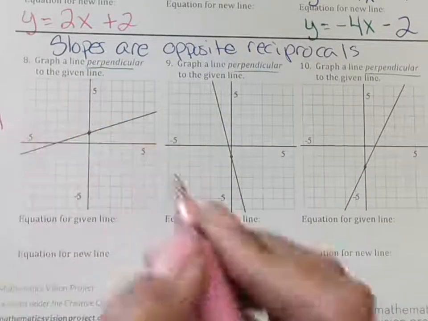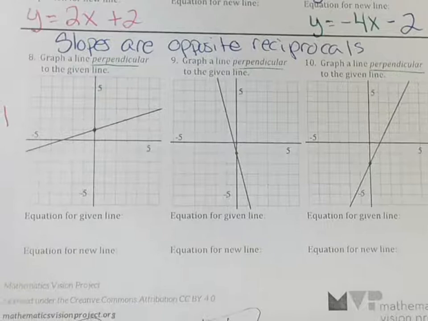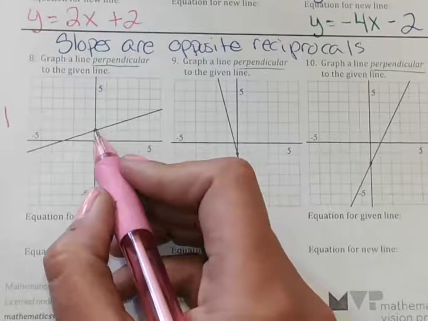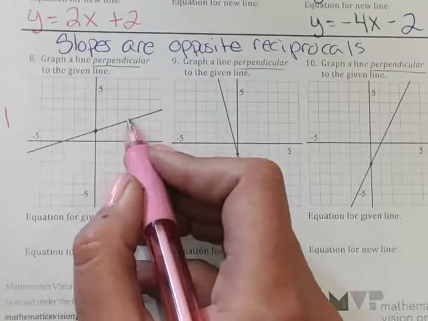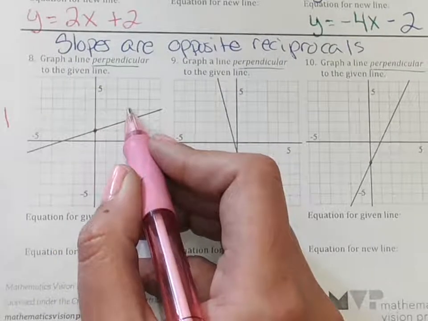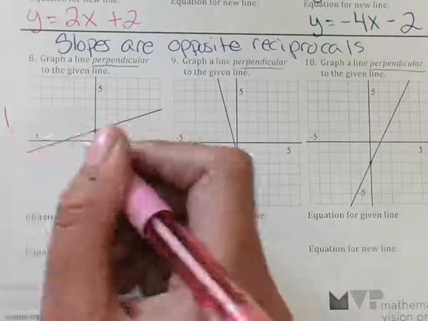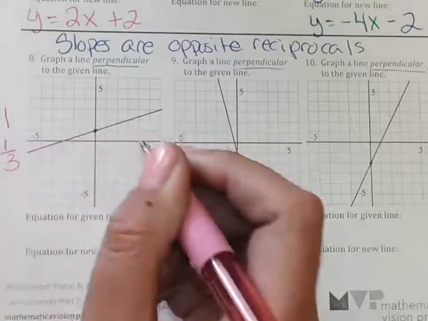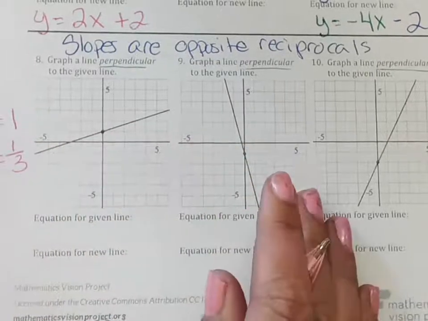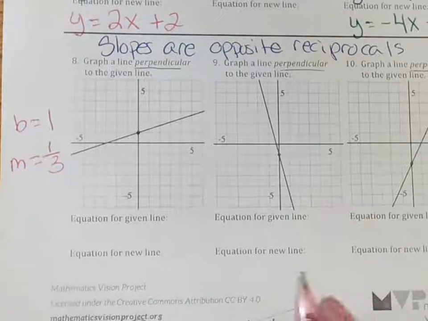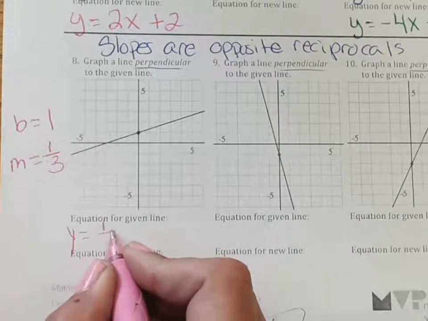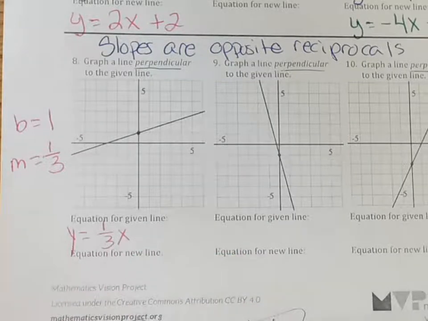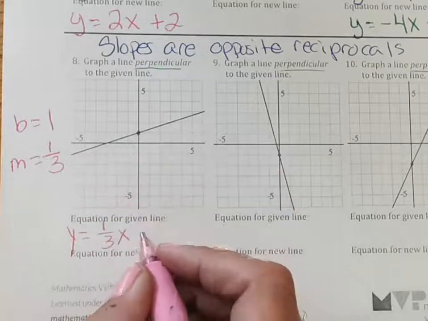My slope is, if we go up 1, 2, 3, up 1 over 3. So this equation is just y equals your slope, 1/3 x, plus your y-intercept, which is 1.